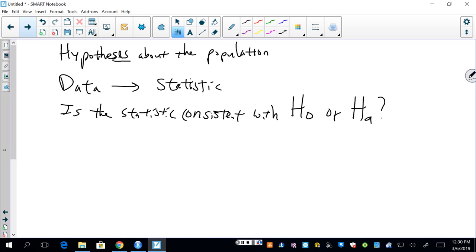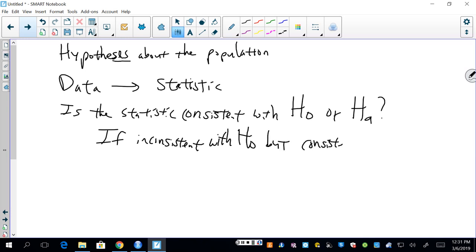If the statistic is inconsistent with the null hypothesis, but consistent with the alternative, we say that we reject the null hypothesis in favor of that alternative.